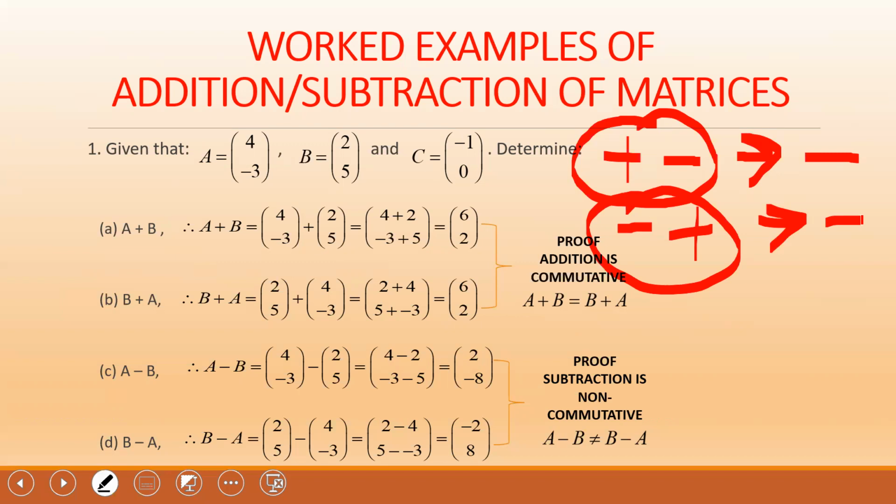And the next one is if we have two negative signs beside each other, we would reduce it to a plus.